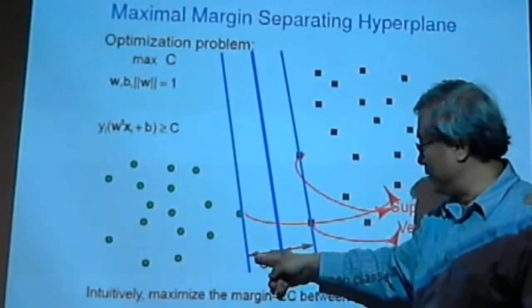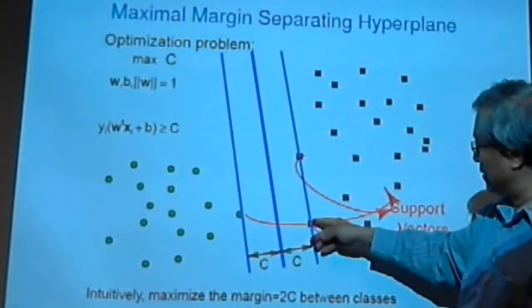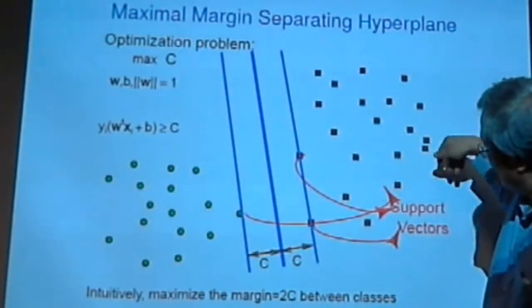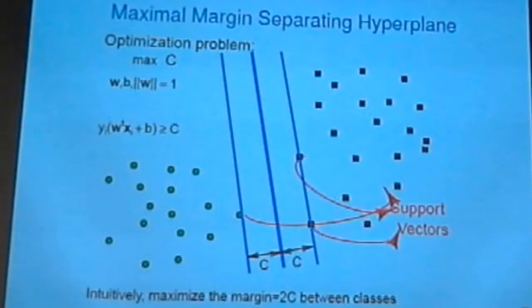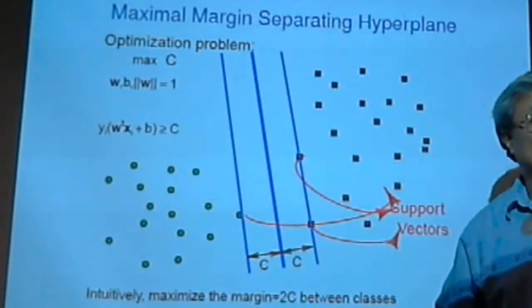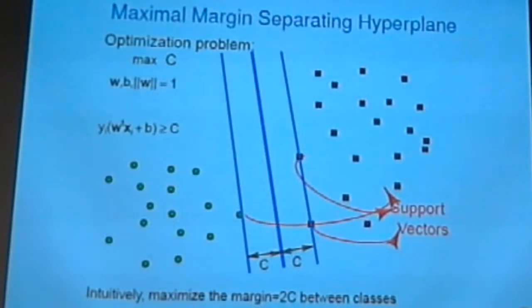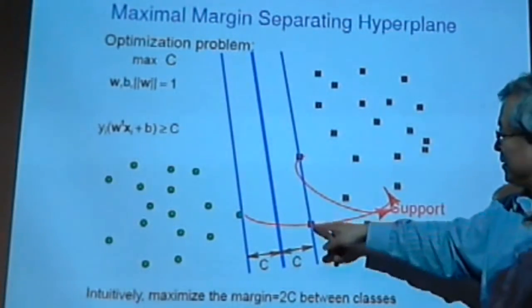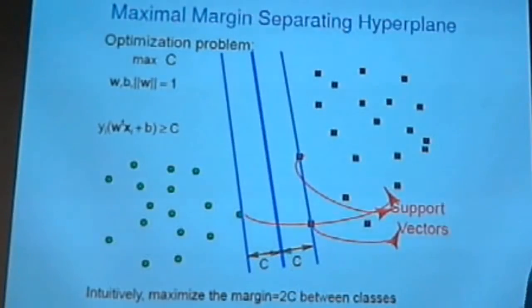So here, this is C, and this is also C. This is the shortest distance to these two observations in this group. And these three observations that lie on the margins are called support vectors. Usually, with completely separable problems, there are only quite a few support vectors. In this case, there are only 3 such vectors.